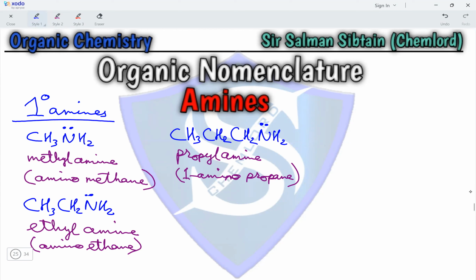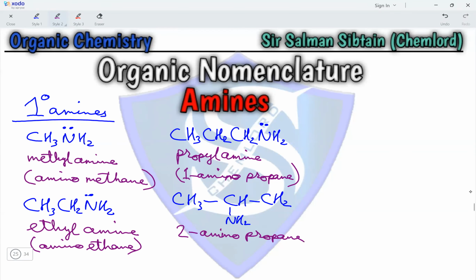It can go from the first position to the second position. If the NH2 group is on the second position, the name of this compound becomes 2-aminopropane. We will not use the terminology of propylamine if the position of the NH2 group has changed.